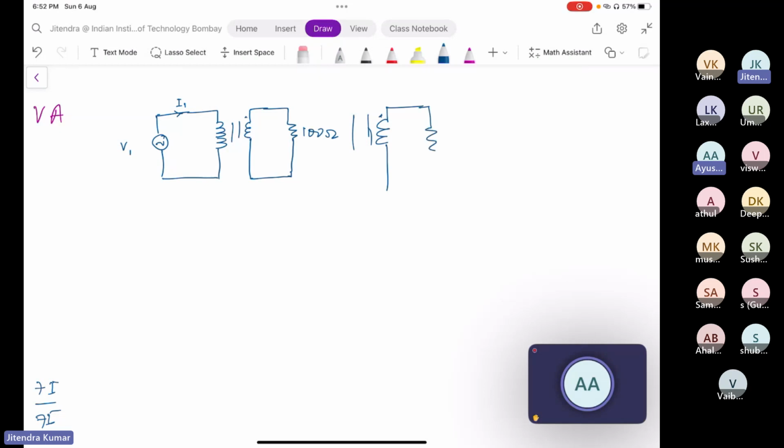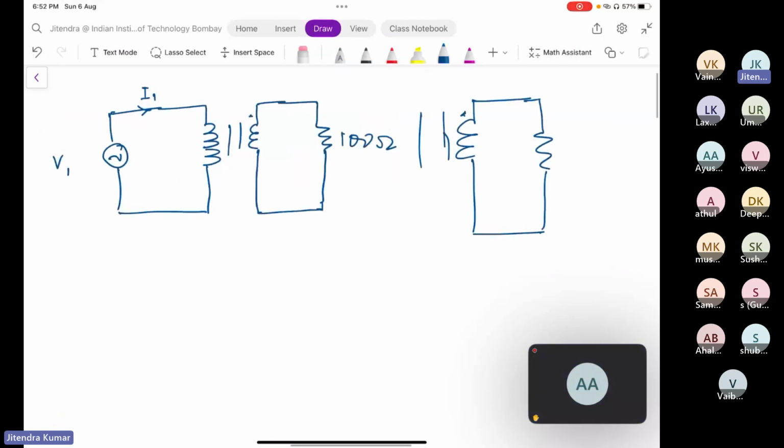Below or beside, nothing changes; that's why I indicated the dot. It will not create any problem.